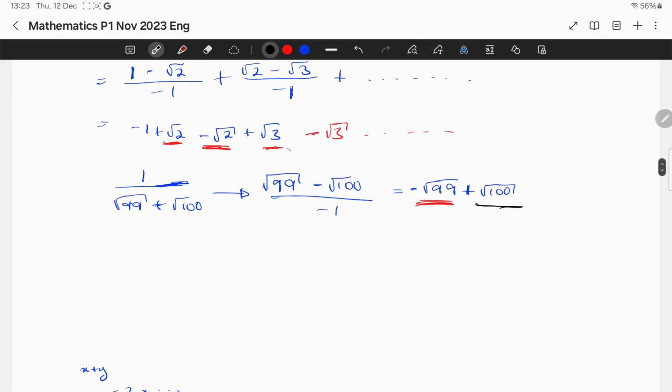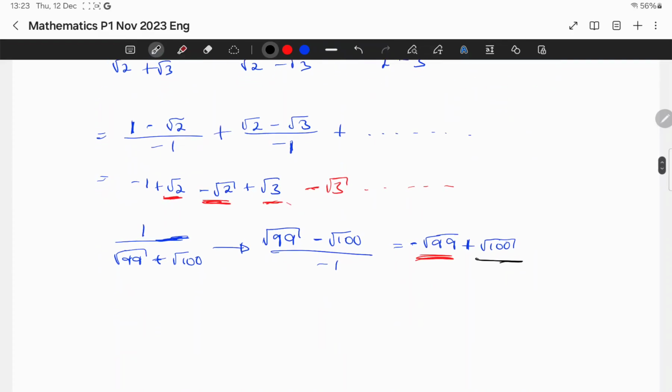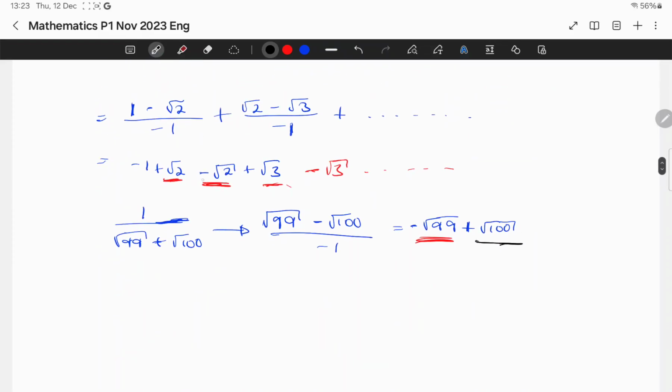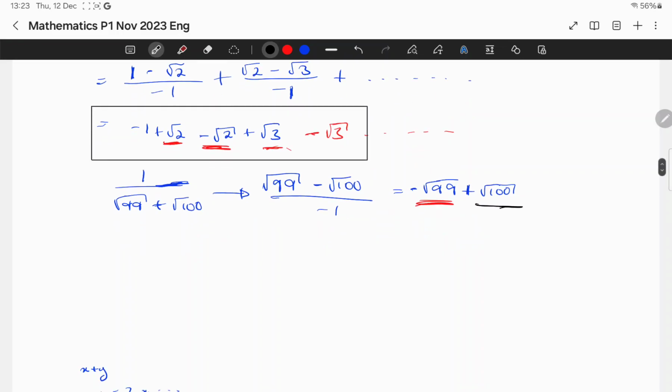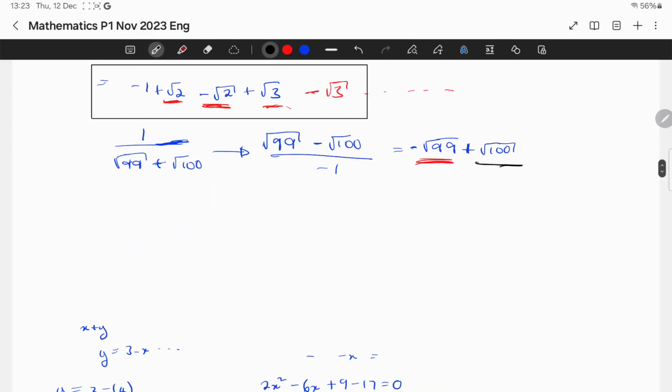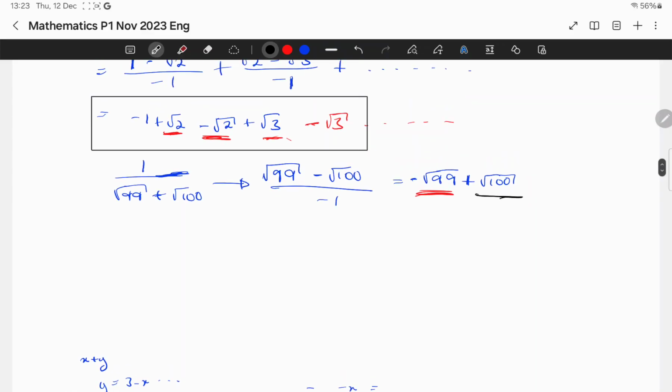So finally, at the end, because remember when we simplified, we got this here. At the end, when it simplifies, we know this root 2 will go, the root 3 will go, the root 4 will go, root 5 will go.